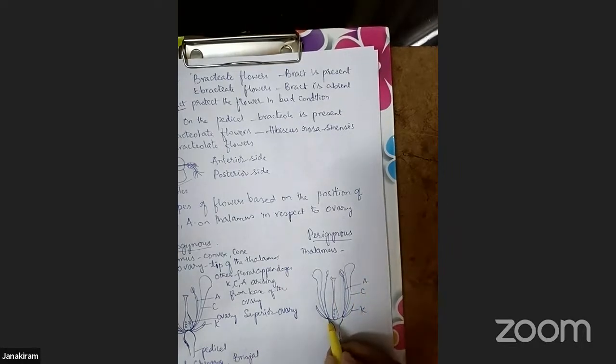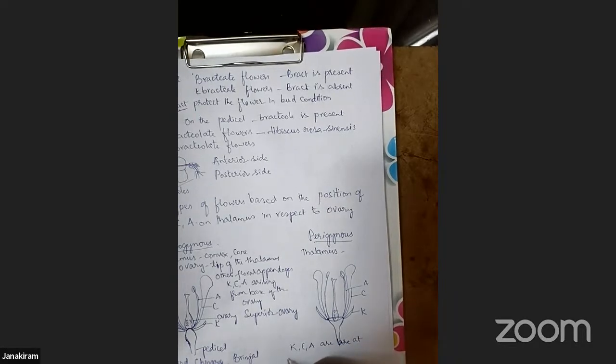And if you see the position, all the floral organs, that is K, C, and A, are parallel or at equal position to the ovary. So here the ovary is neither superior nor inferior.